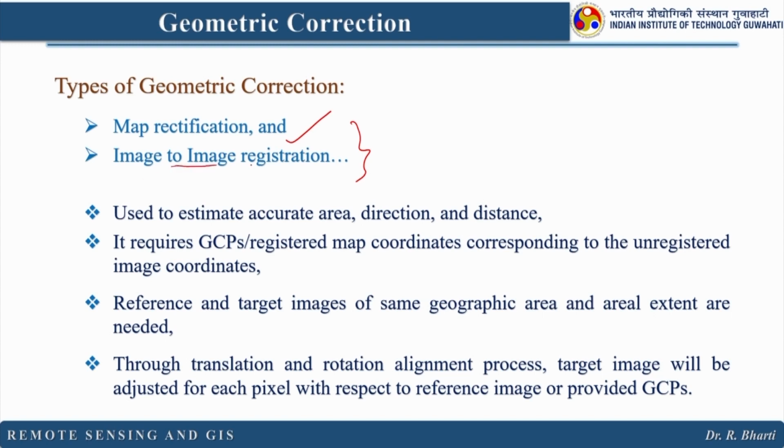Now, in this case the GCP source can be your map or the earlier corrected satellite images, and in both the cases you have to find common features on both map and images, and then you have to use the correct latitude longitude value and the target latitude longitude value. So, then accordingly you will build a relationship and then you will correct them, that we will see in detail.